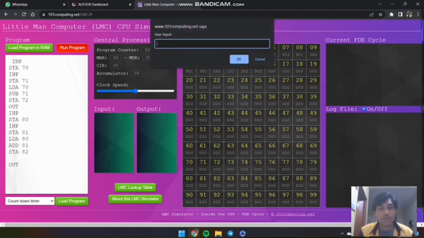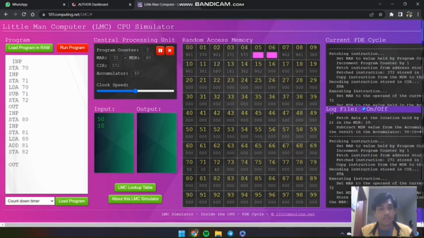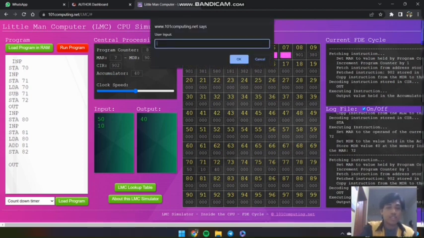So I will show whether the answer will give the correct one or not. For the first value we use 50, and the Q value is 10, and we can see the answer we get is 40.